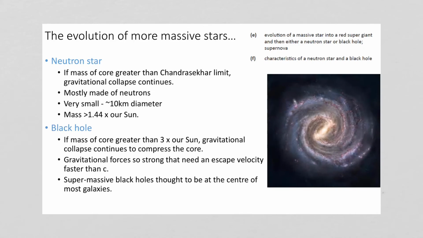So if the remnants of the core is about 3 times that of our Sun, this gravitational collapse will continue, and that's when you get a black hole. So the gravitational forces are so strong that not even light can escape. And they're thought to be at the centre of most of our galaxies.